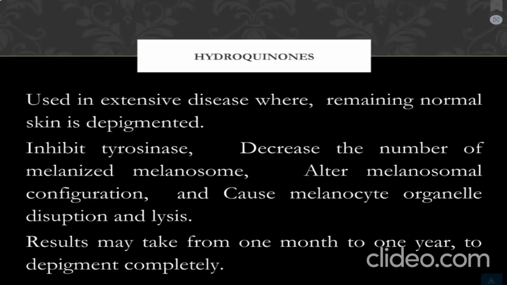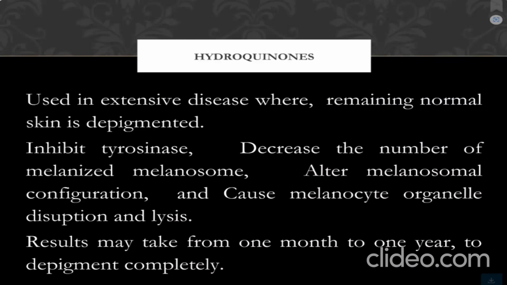Then hydroquinones. It is used in extensive disease where the remaining normal skin is depigmented. Inhibits tyrosinase, decreases the number of melanized melanosomes. It alters the melanosomal configuration and causes melanocyte organelle disruption and lysis.